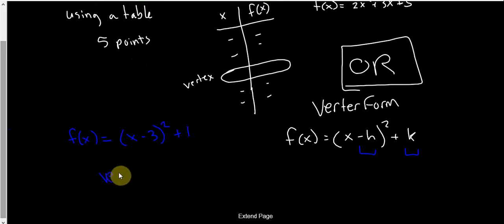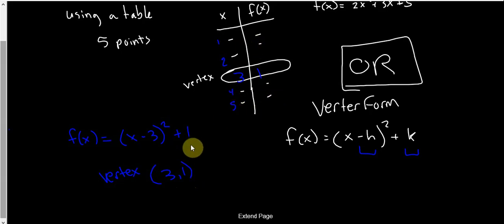I already have that middle point that I'll need. The vertex is the point 3, 1. So I know that I have the point 3, 1, and I would just need 2 points above and 2 points below. So I'd plug in a 2 and a 1, I'd plug in a 4 and a 5, and I'd get more points.